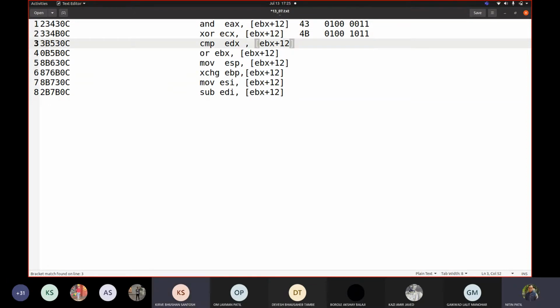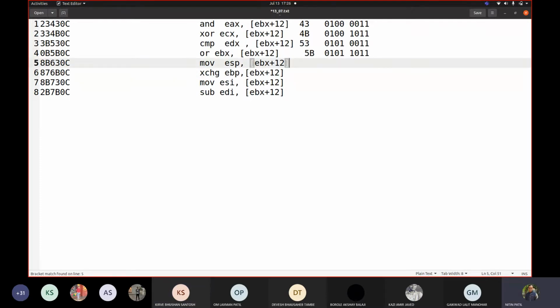Very good. So next is 53. How would it be? 0 1 0 1. Then 3, so 0 0 1 1. Correct? 53. Next is 5B. Can somebody tell me what it would be? 0 1 0 1, 1 0 1 1.